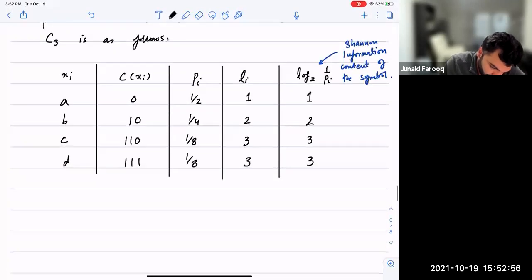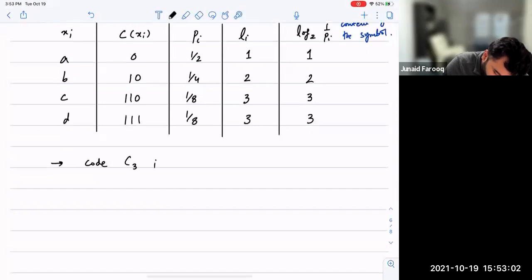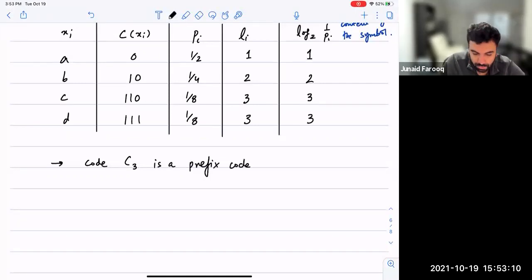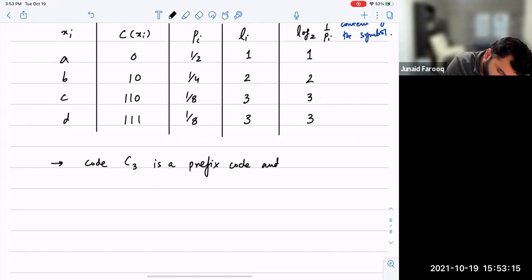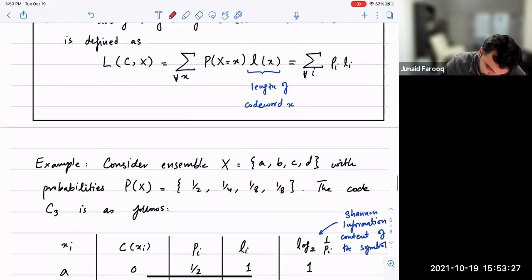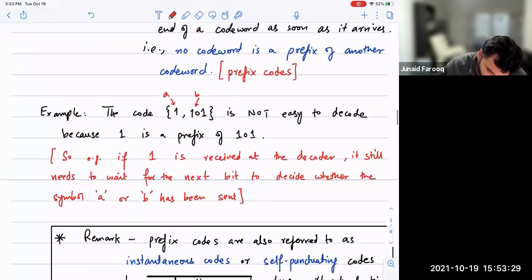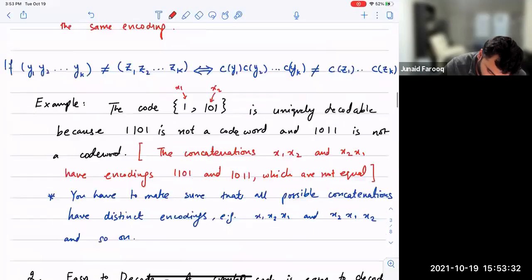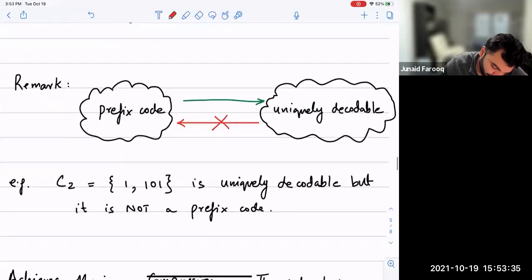Now, first thing I want to mention here is that the code C3 is a prefix code. Okay, so prefix codes are always the best because they are uniquely decodable automatically, right? And hence, this property is coming from the remark here, from this piece.